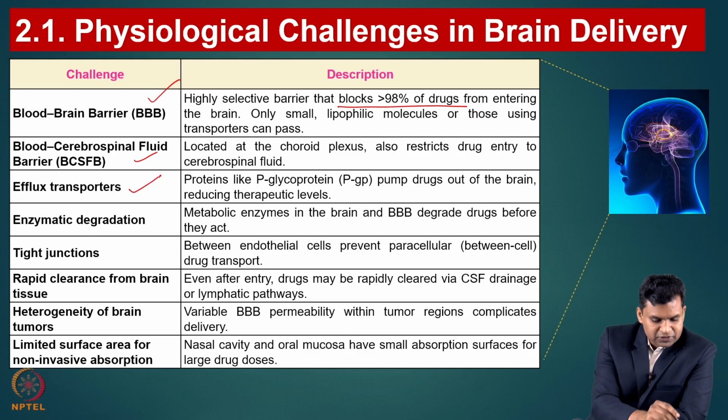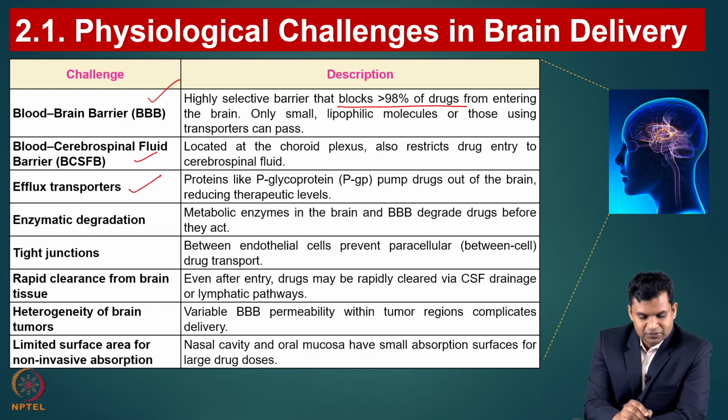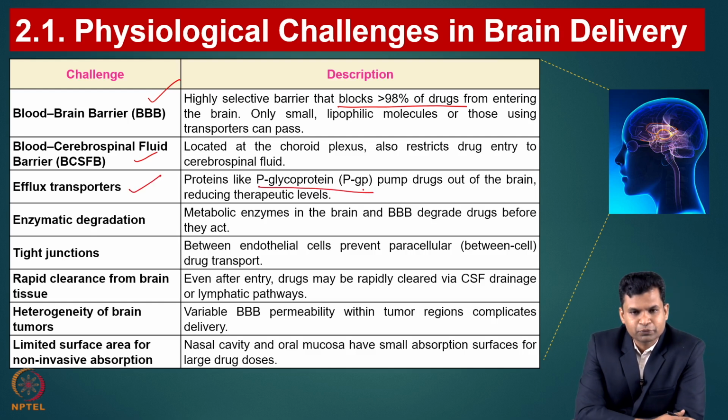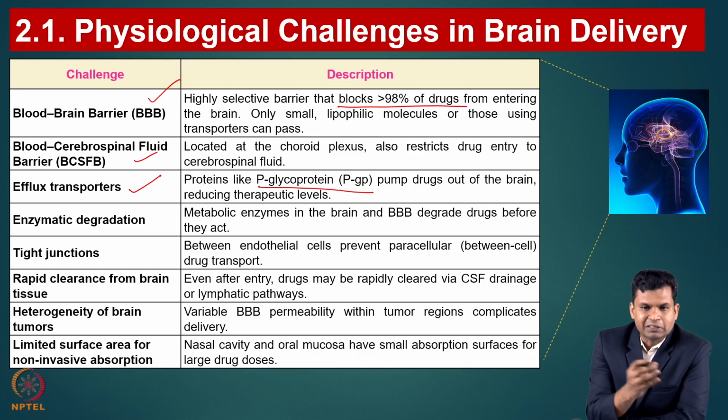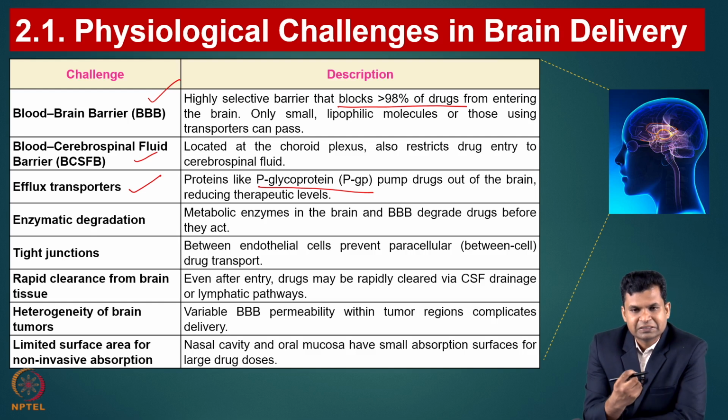And efflux transporters, as we know, for example P-glycoprotein pumps, will efflux the molecules from the cell to the outside, and these efflux transporters lead to a reduction in efficacy.